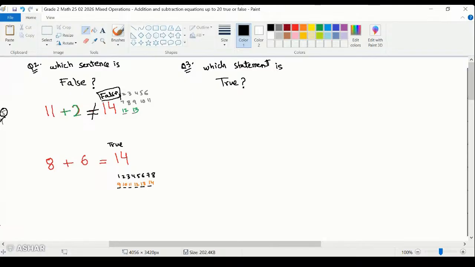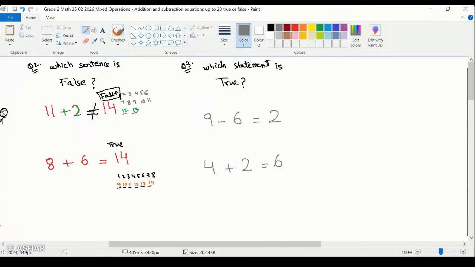Let's see the next example. The first statement given is 9 minus 6 is equal to 2, and 4 plus 2 would be equal to 6.